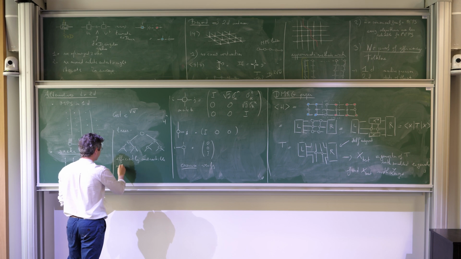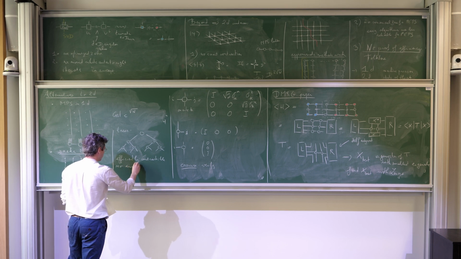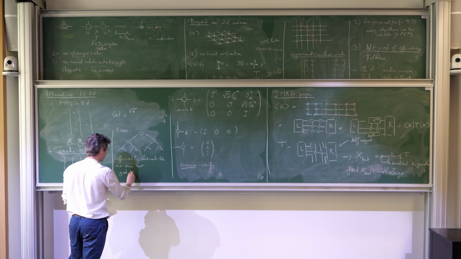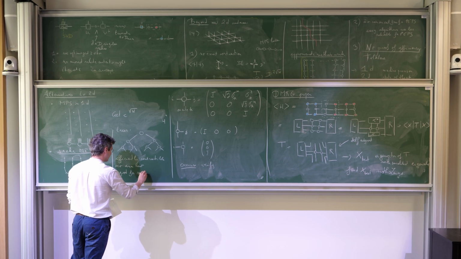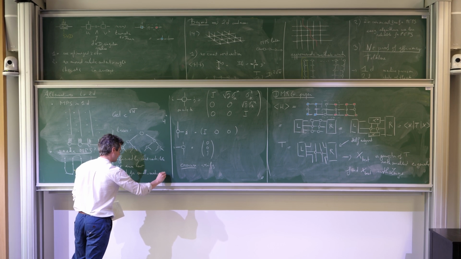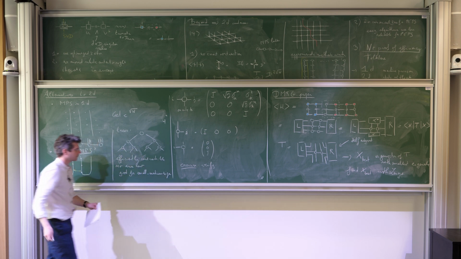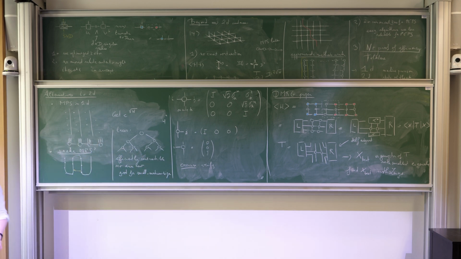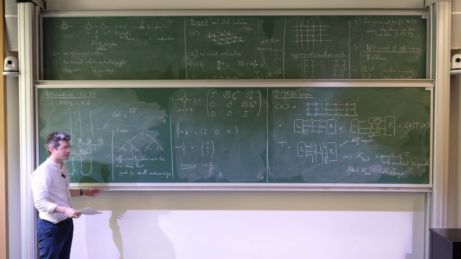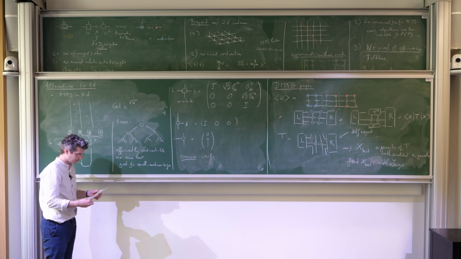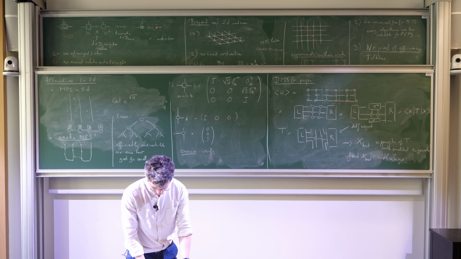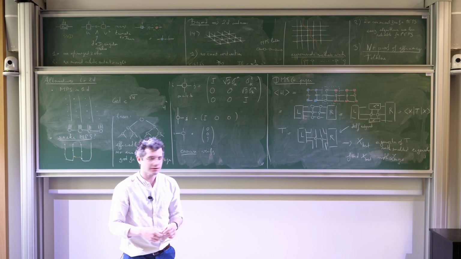But again, it has no area law. So it's good for small, medium size. Of course, if your system becomes very large, you're going to have to put extremely large bonds here for your tensor network to produce the state. Okay, so that's all about larger dimensions.